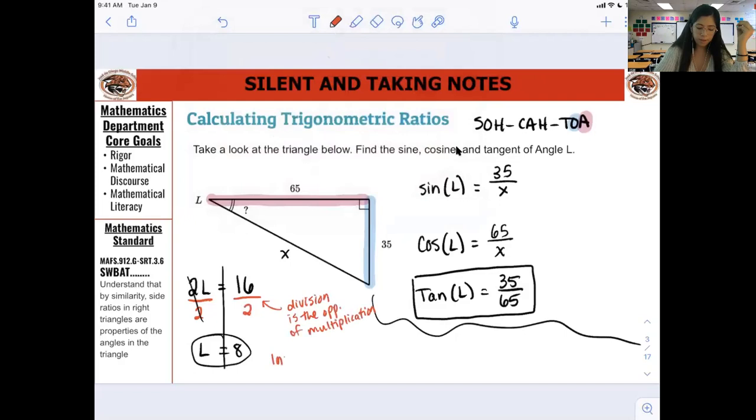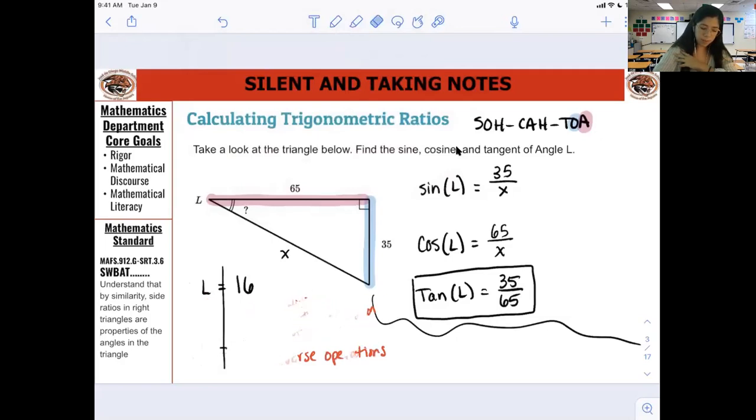That's called inverse operations, right? We were multiplying, we were doing 2 times L, so the opposite, the inverse operation, is to divide by 2.